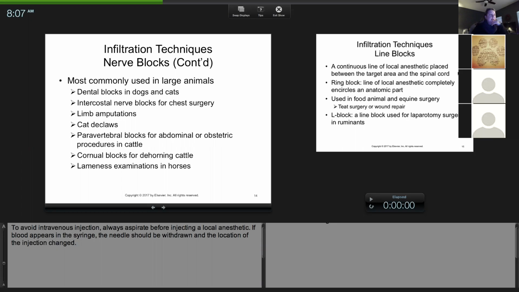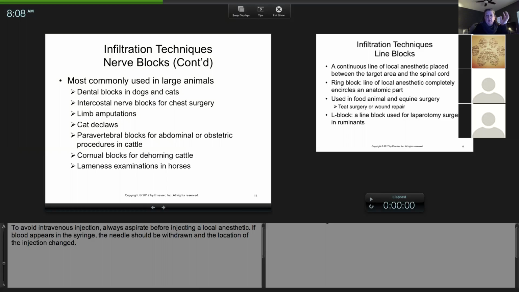For example, when we do dental blocks, I started to explain this yesterday. If you're blocking near the zygomatic arch, there's a block called an infraorbital, and you can put the needle at the end of the zygomatic arch, and that's where the infraorbital nerve exits.